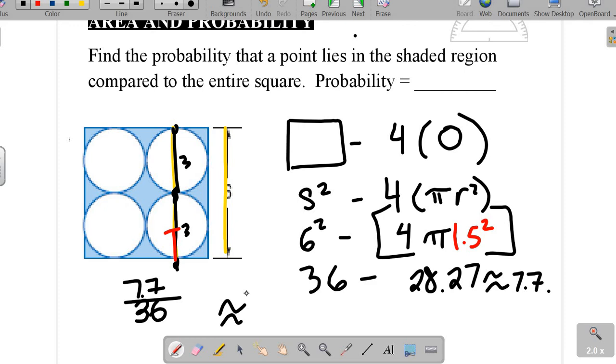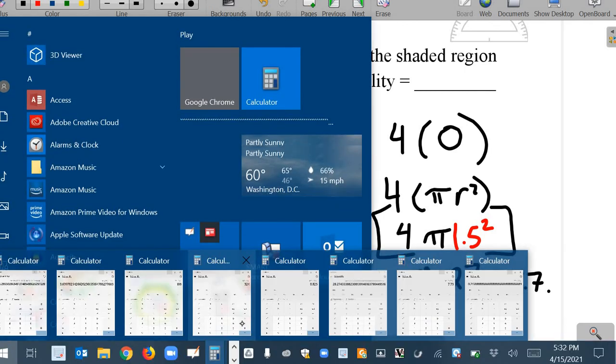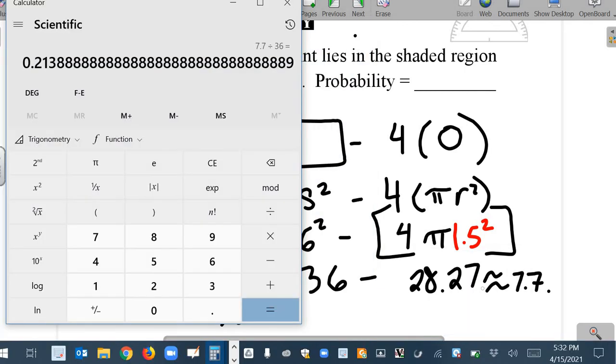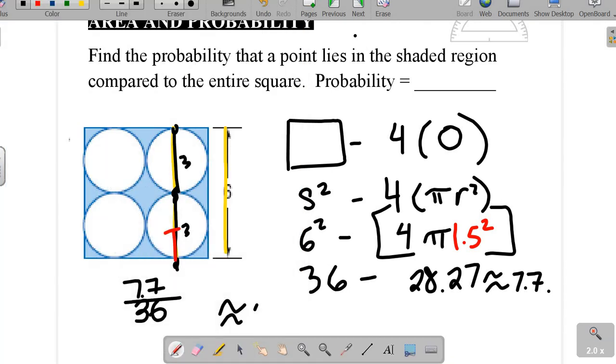Actually, I think it was 21. Let's double check that. 21.3, yes, so we're going to call that 21%. So it's approximately a 21% chance that a point will land in the shaded region compared to the whole.